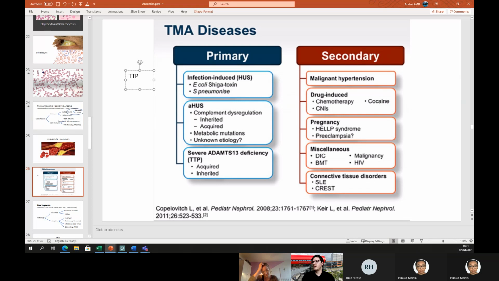So TTP stands for thrombotic thrombocytopenic purpura. Thrombotic because you have thrombus formation, and if you have thrombus formation, the red blood cells that pass by get hemolyzed, so anemia occurs here. This would be part of a different lecture. Purpura is just bleeding in the subcutaneous tissue, and thrombocytopenic refers to decreased platelets.